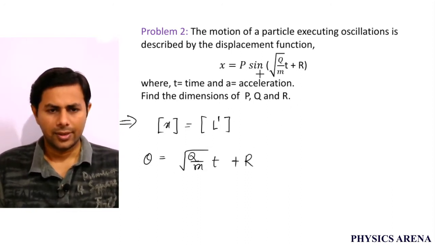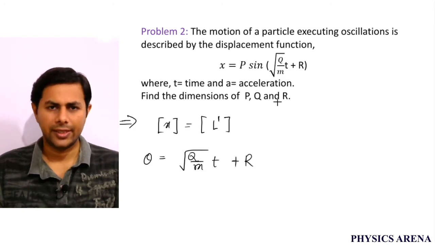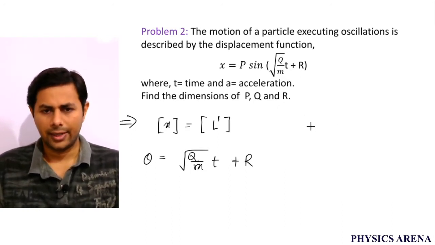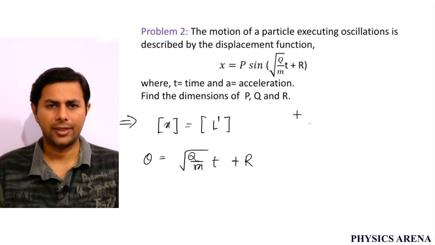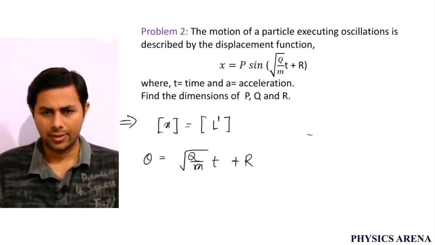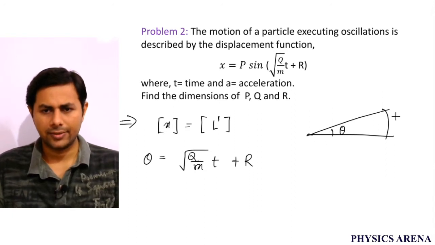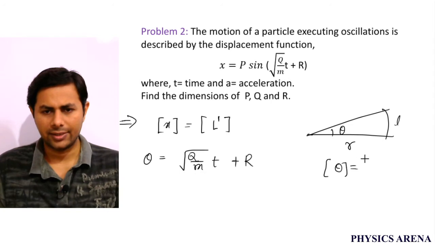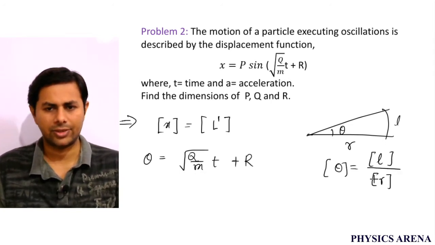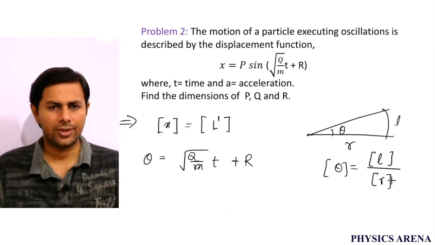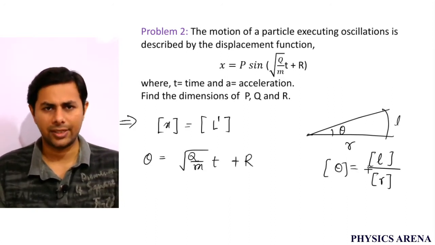Since angles are dimensionless, we know that an angle theta is the arc length L divided by the radius R, and therefore the dimensions of theta are dimensions of L divided by dimensions of R. It is length over length, and that's why it is dimensionless.